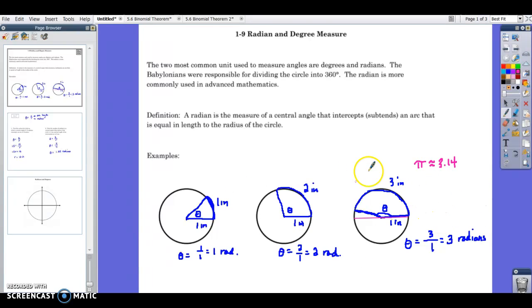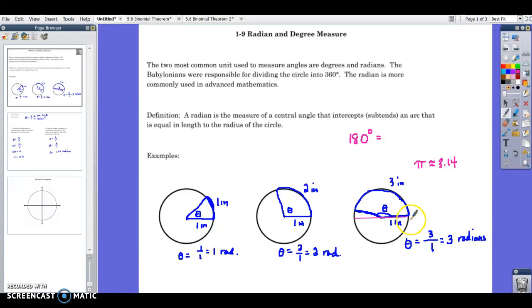And in fact, if we did a more lengthy investigation of this, we would find that pi would be that straight line, which would basically give us halfway around the circle. And so we have a conversion factor that says halfway around the circle is 180 degrees.